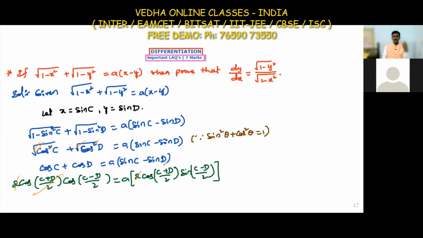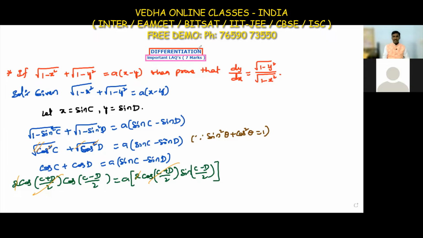Cos of c plus d by 2 is the same on both sides, so we can cancel it. After that, cos c minus d by 2 and sine c minus d by 2 are different.